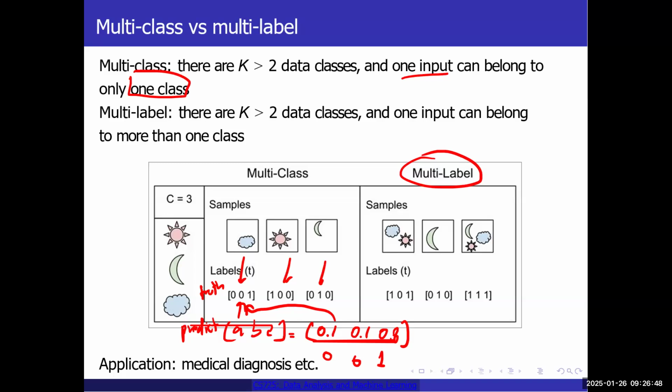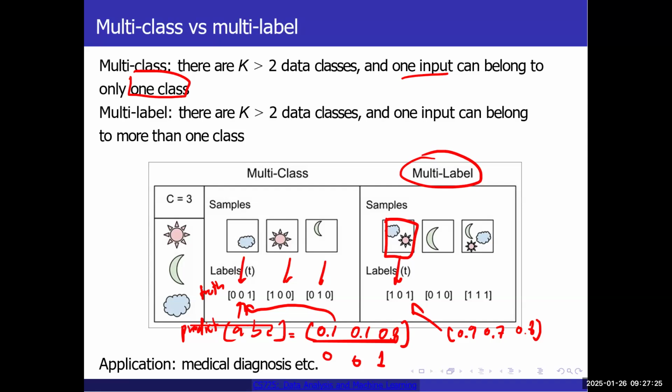So one object can belong to more than one class, right? For example, we have this image that belongs to class 1 and class 3, right? And your prediction can be like 0.9, 0.7, 0.8, right? It doesn't have to sum to 1, right? So it will think of each class separately, right? So that is the difference between multi-class and multi-label, right?